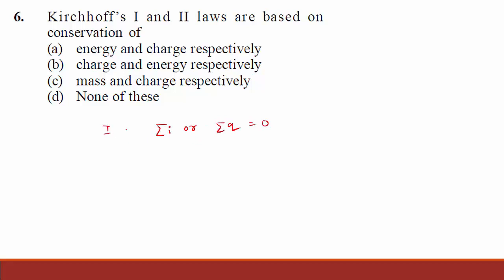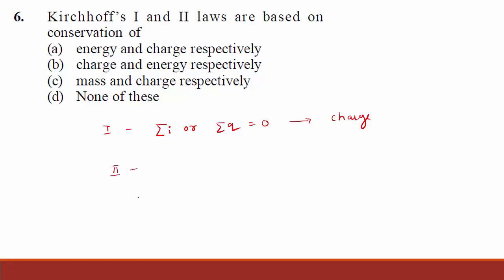This is the first law. Hence, this is based on the law of conservation of charge. That is, the algebraic sum of the charges or the current meeting at the junction is equal to 0. Then come to the second Kirchhoff law.